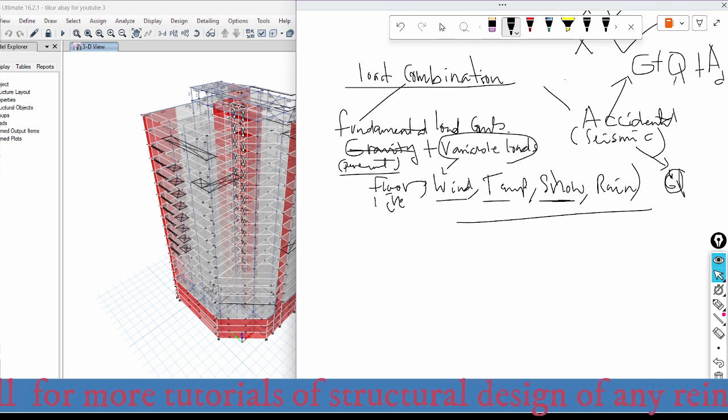In the case of variable load, this is the floor live load. So in the case of accidental or seismic combination, we will consider the permanent load, the floor live load, and the earthquake load. And in the case of fundamental load combination, we will consider the permanent load and the variable load.